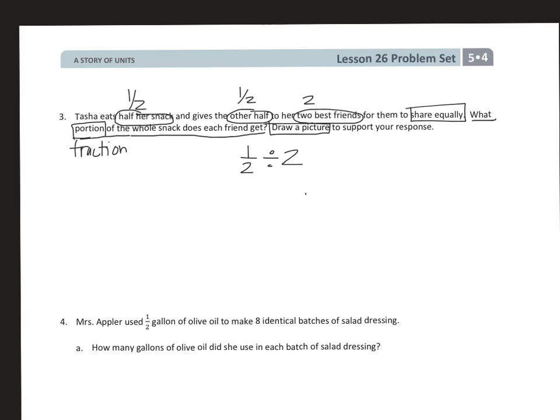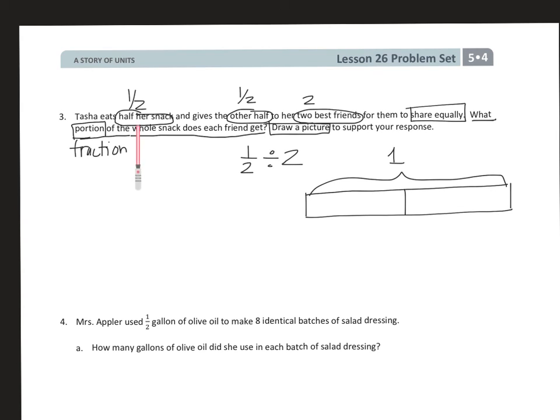So drawing a picture, we are going to represent this tape diagram as her whole snack. This is considered one whole snack. So we split it in half because we're told that half of her snack is eaten. So this is probably the one that we don't shade in. The other half is given to her two best friends.